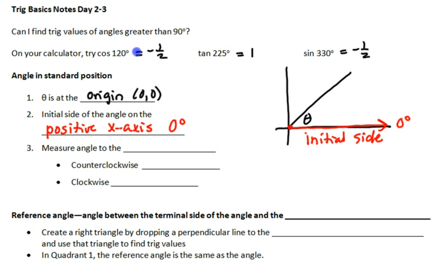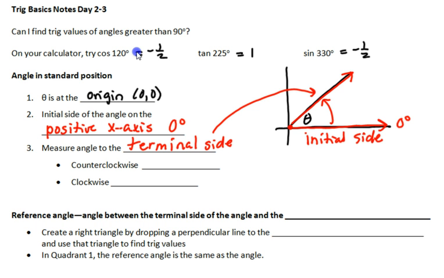Then we measure the angle to the other side, and that is called the terminal side, because that is where the angle ends or terminates.